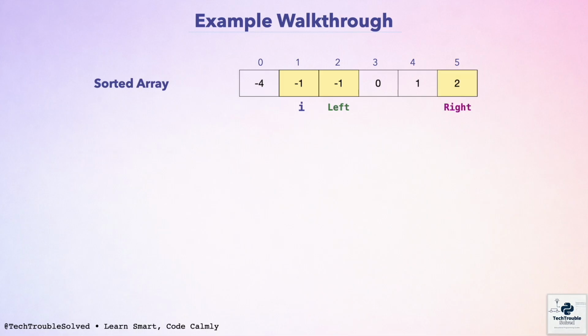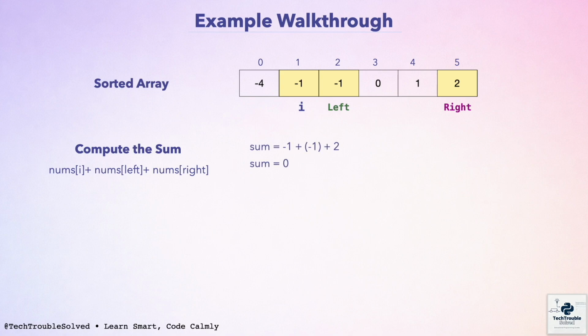Now we compute the sum, nums[i] plus nums[left] plus nums[right], which is -1 plus -1 plus 2. This gives us 0. Since the sum equals 0, we have found a valid triplet: -1, -1, 2.